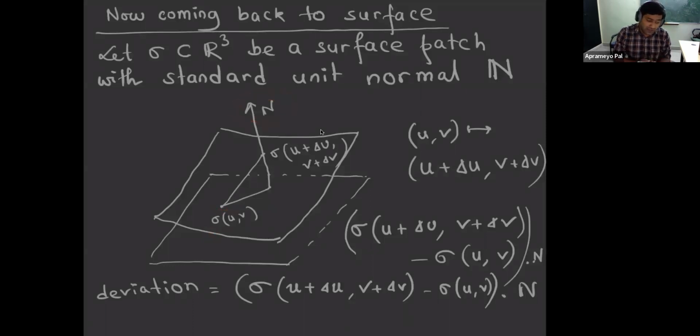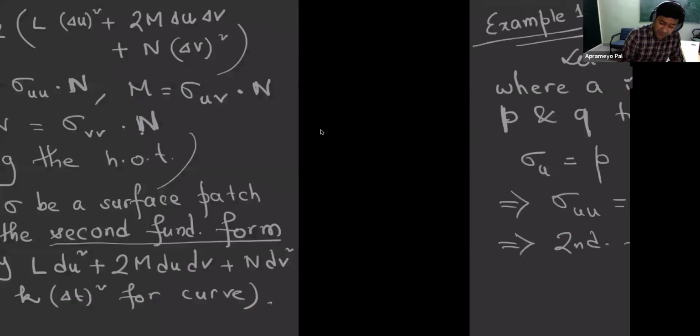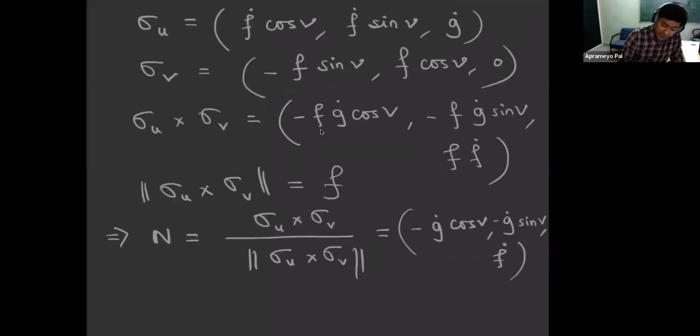For example, if it's a plane, then the normal unit vector will be constant. So if we can somehow capture the deviation of the normal unit vector, that should also give us an idea about the curvature, correct? That would be the motivating factor behind this.